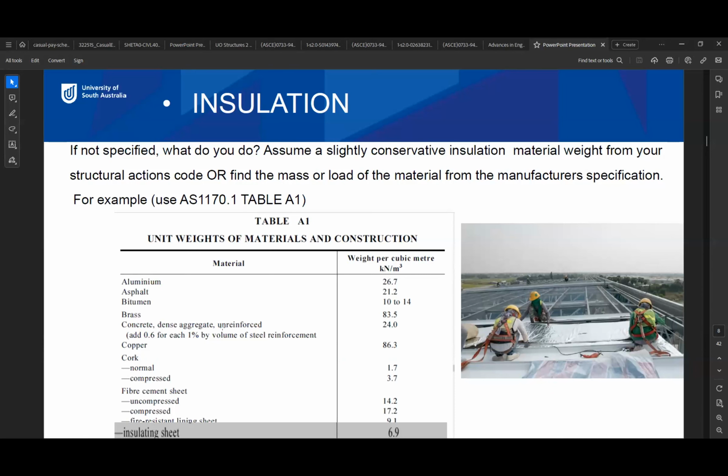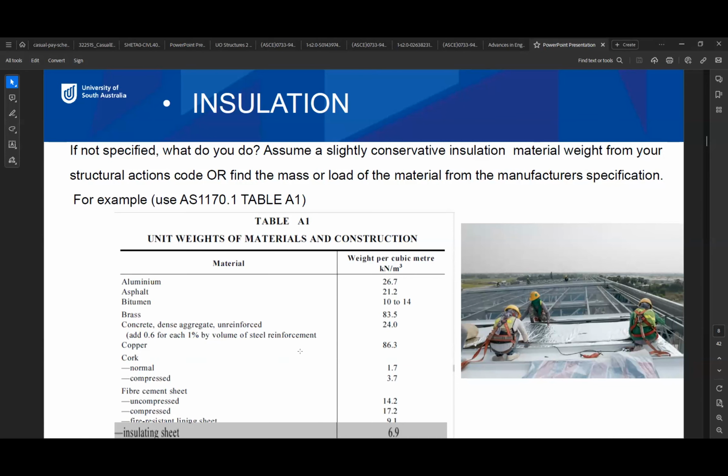I suggest using a light one, not a very heavy one, because this roof is not accessible. You can use a light one, like fiber cement sheet, uncompressed or compressed, or whatever type you use, just mention it in your assumptions.